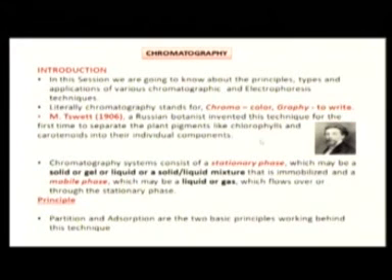The major components of this technique are two. One is the stationary phase, the other is the mobile phase. As the name indicates, stationary means it is stable and mobile means it is movable. In this technique, the stationary material we use is paper, silica and other materials, and the mobile phase is gas or liquid, depending on the purpose and the technique.